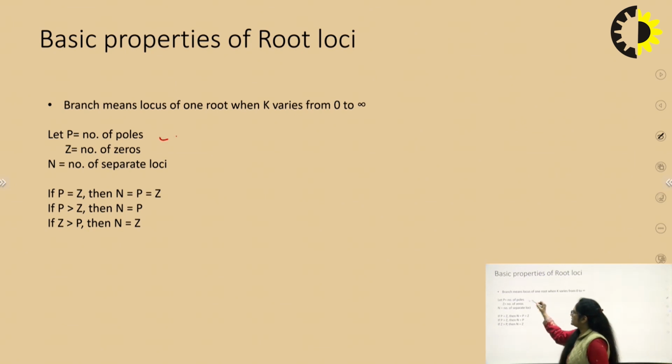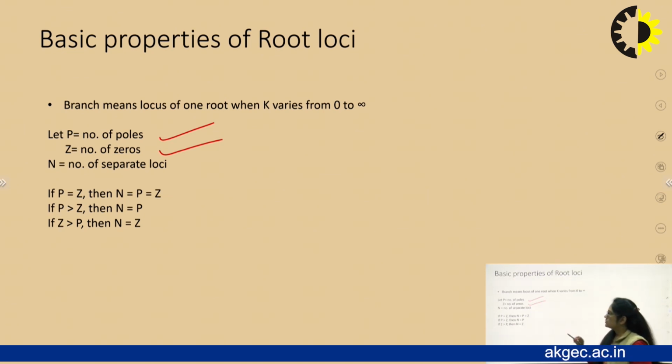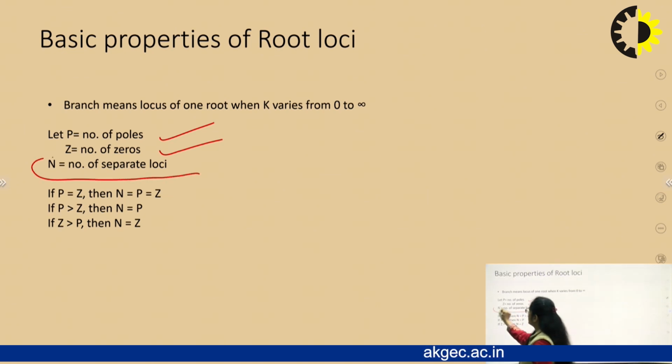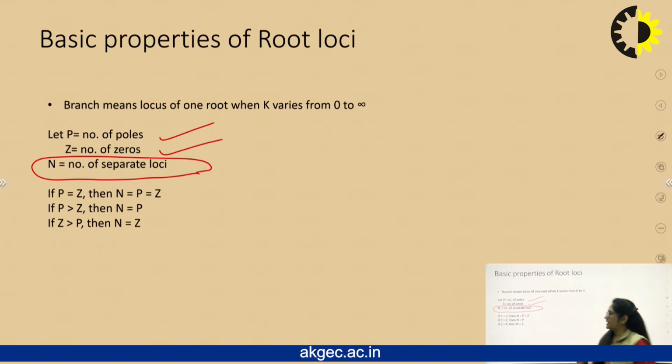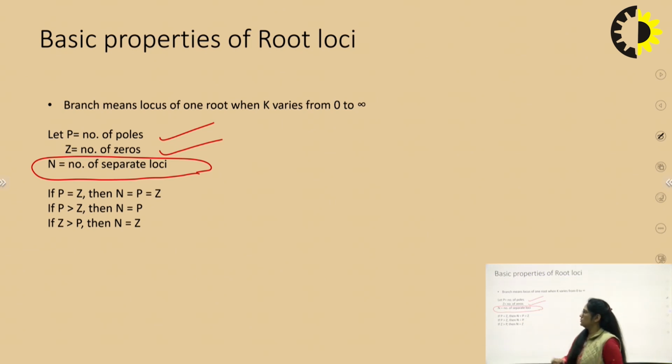Let p be the number of poles and z be the number of zeros. So, how many separate loci will you get? That is n. What would be the value of n? If p is equal to z, then n is equal to p, which is equal to z. If the number of poles and number of zeros are the same, then the number of loci will be equal to p equal to z.